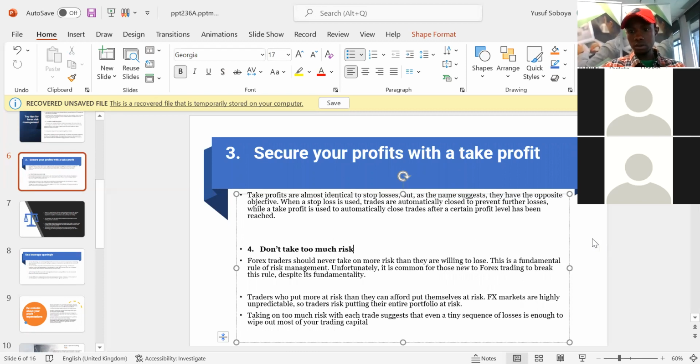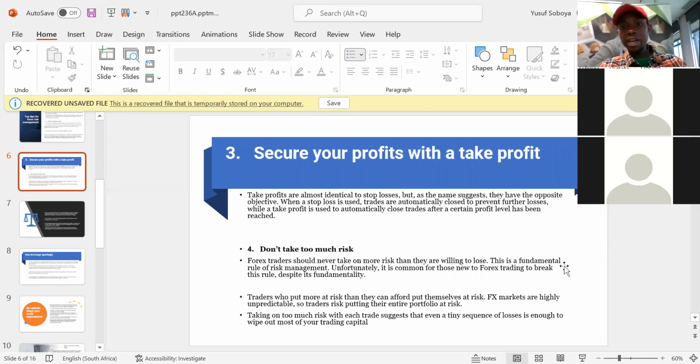As the name suggests, they have the opposite objective. When a stop loss is used on a trade, it automatically closes the trade to prevent further losses, while when a take profit is used, it automatically closes the trade after a certain profit level has been reached. So don't take too much risk in the market.